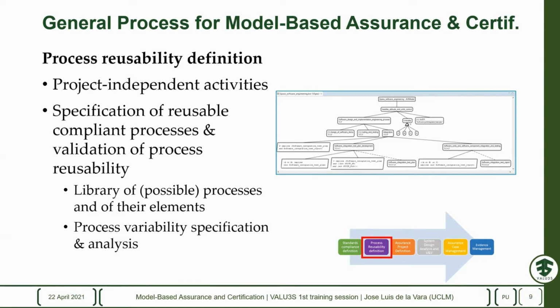That is mostly represented with some kind of variability diagram or model like this, in which we have constraints about when an element applies or how they have to be combined. This is also, as I didn't mention it, a project independent activity. It's something that you do once, and once you are dealing with a given project, you would select those parts that apply to your project.